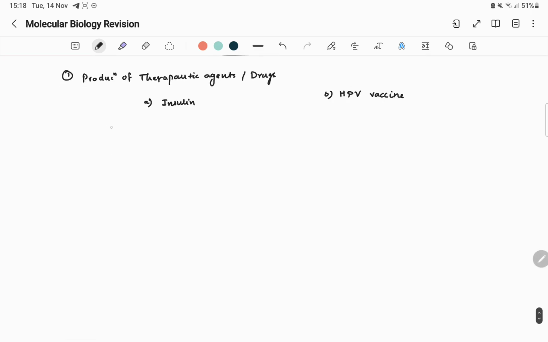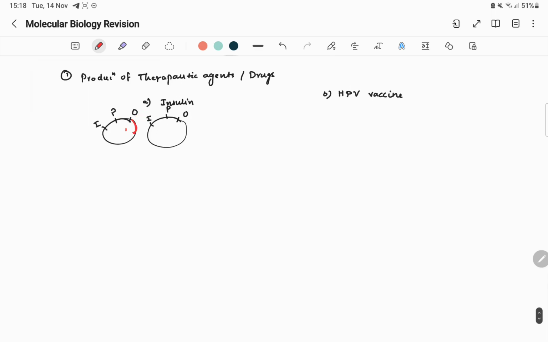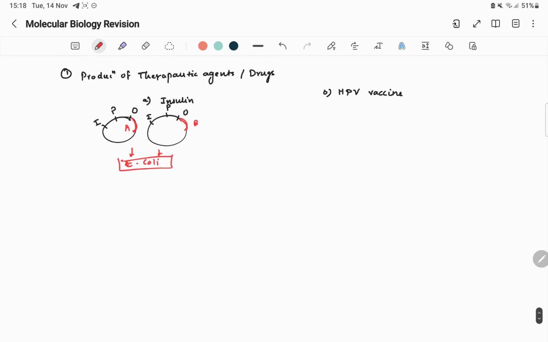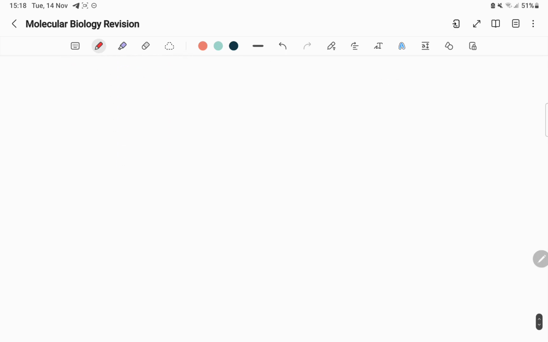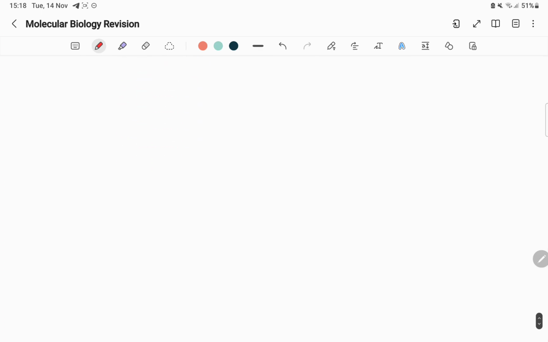Like, two plasmids are taken, both having the I region, P region, O region. Here the A gene is there, here the B gene is there. Both are transformed into E. coli with the recombinant DNA vector, and based on their antibiotic resistance, the fusion products are formed.